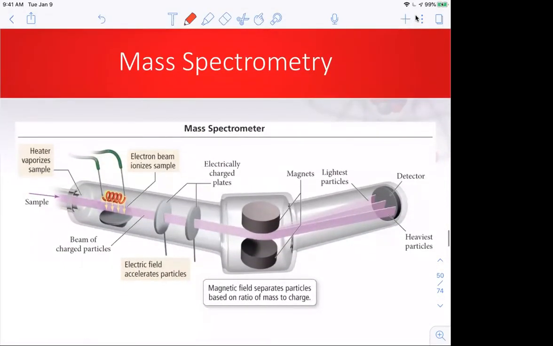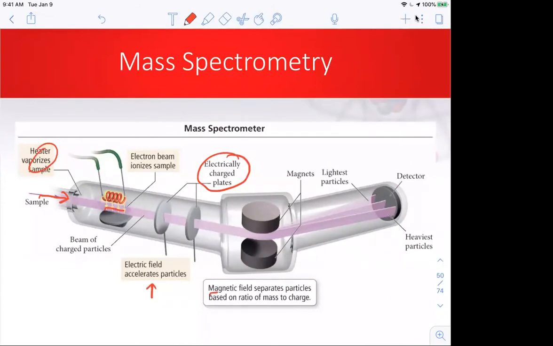This is what happens. I have my sample coming in here. My heater vaporizes the sample. An electron beam is going to ionize that sample, so I get what's called a molecular ion. I have 2 electrically charged plates, which accelerate the particles.